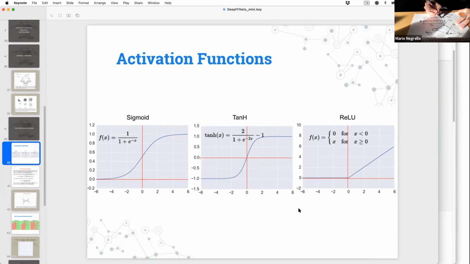We shouldn't forget that these functions are dividing space as a positive and a negative, and that these functions here are being multiplied. Sorry, I forgot something here. So F of W35 times output 3, times W45 times output 4, which makes it multiplicative.